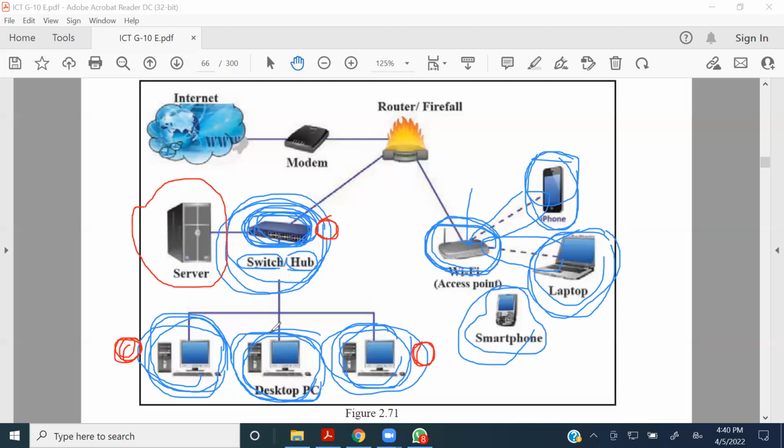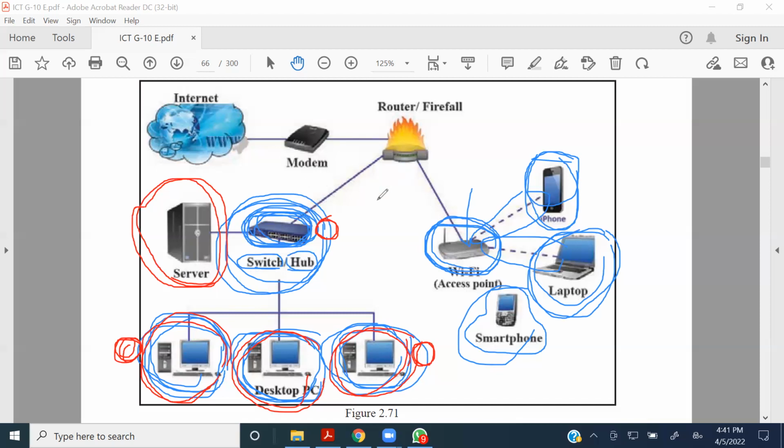So even though it is a computer, it's a high performing computer. Because of that, it can give some services to the computers in the network. So we are calling this the server, and the other computers connected to the switch are called the clients. The server is providing a service, clients are receiving the service, right?